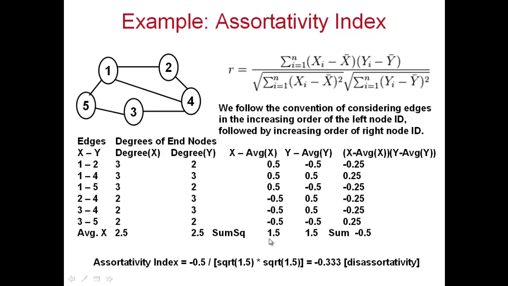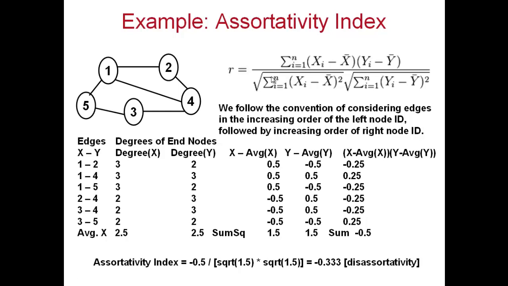So you have to take the square root of 1.5 and the square root of this 1.5. And that's in the denominator, square root of 1.5 times square root of 1.5. So negative 0.5 divided by this, and that's going to be negative 0.333. So the correlation coefficient or the assortativity index can range from negative 1 to 1.